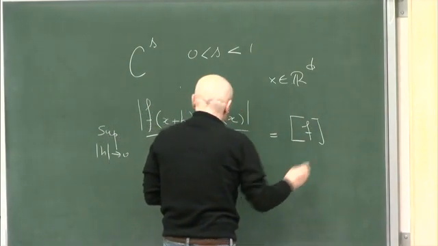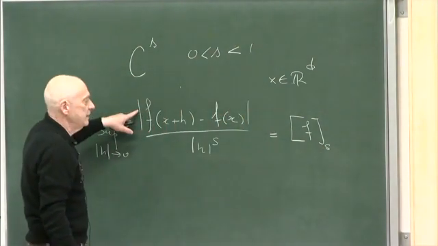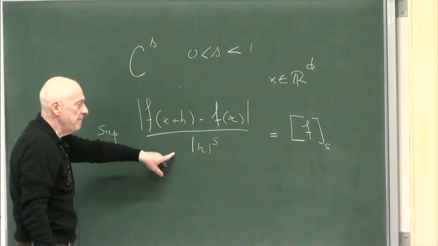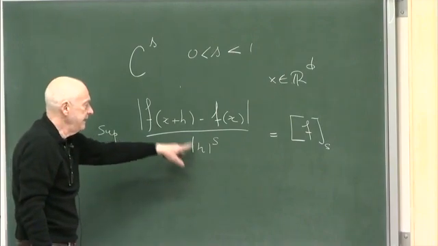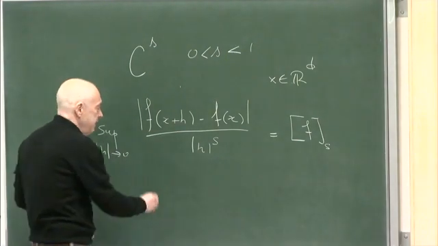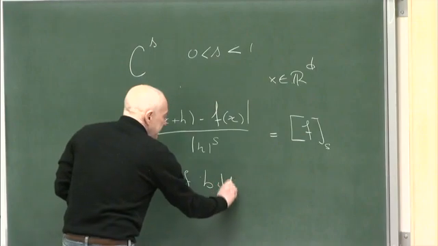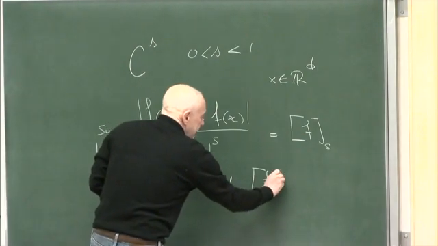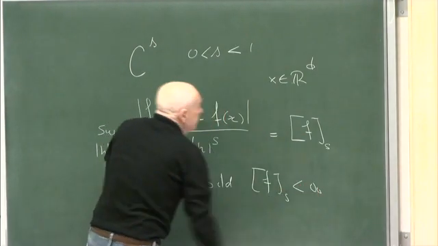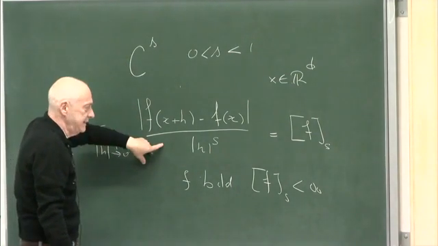I don't like to write the norm because it's a different dimension. So for a function like this, if this number is finite, in other words, I can divide this increment by h to the s, then the collection of these functions that are bounded and whose semi-norm is finite is called C^s. Okay? So the norm there is the sup norm plus this semi-norm, right?